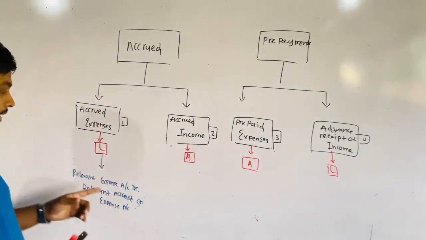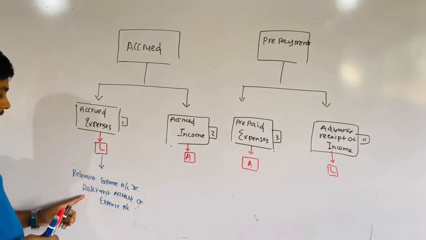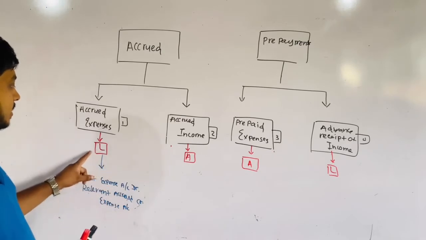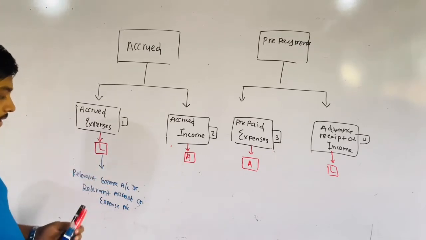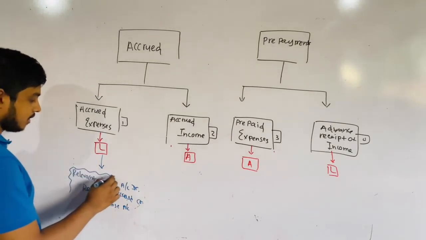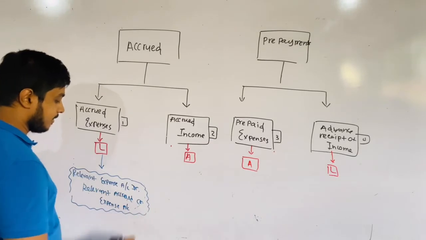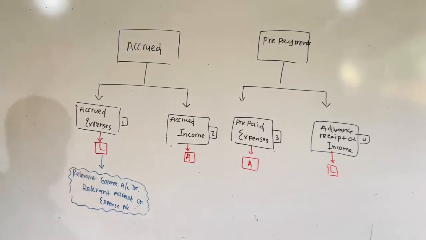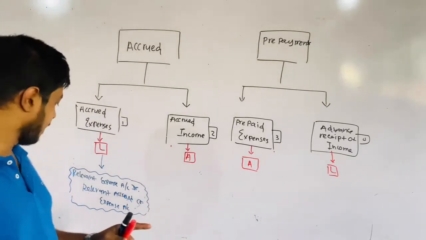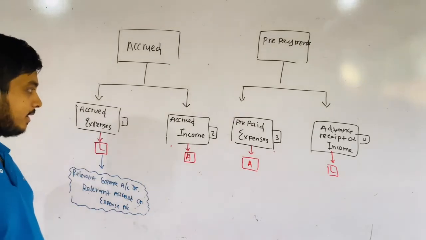Therefore, expense increases: relevant expense account debit, and relevant accrued expense account credit. Why? Because it is a liability. So this is the double entry applicable for accrued expenses.